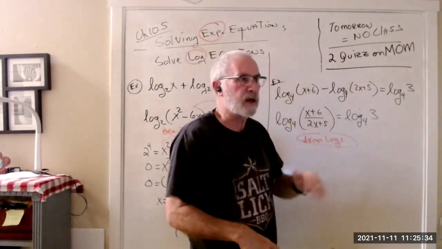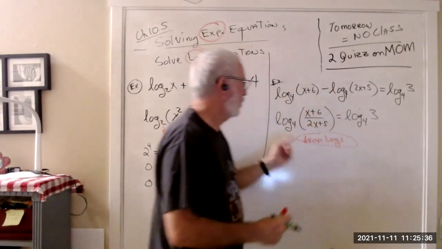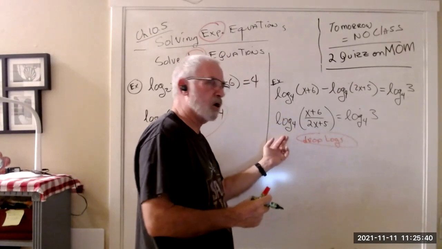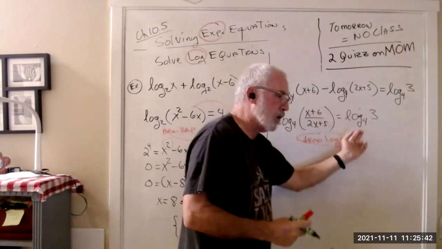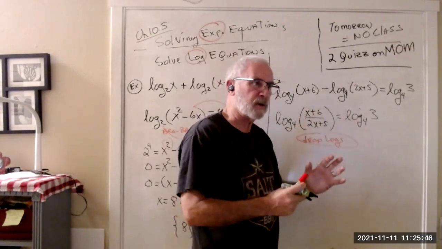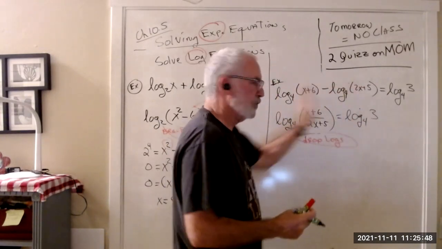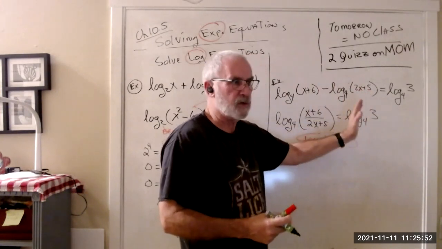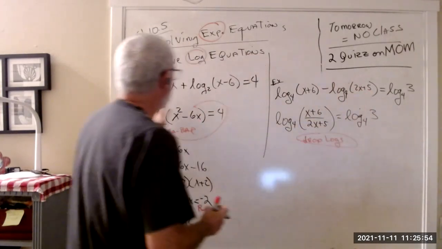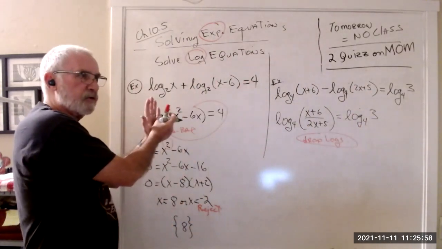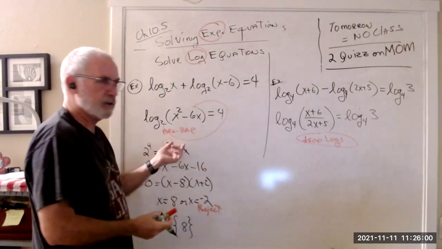You can't do that until you've simplified the problem into one log on one side, one log on the other side. And then you can drop the logs. So you must do the condensing step. You must do that first. Same thing up here. You must do the condensing step first before you apply the Brouwer rule.